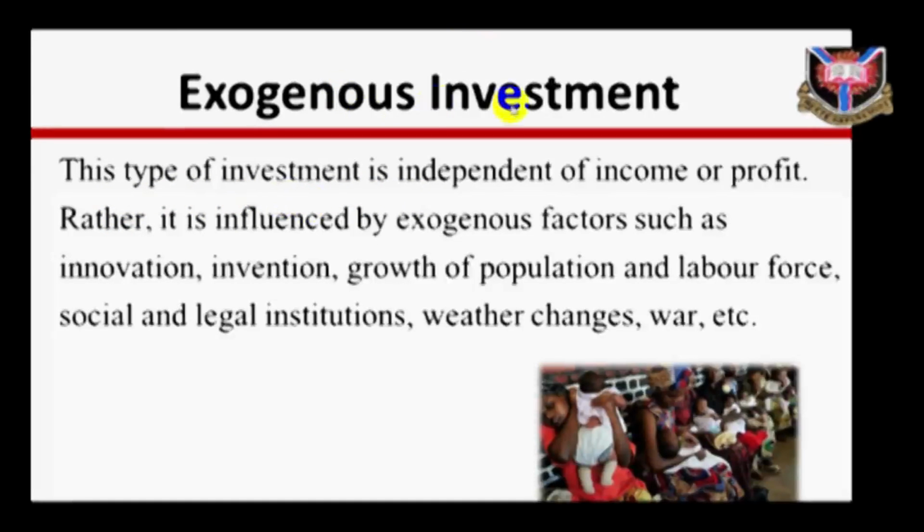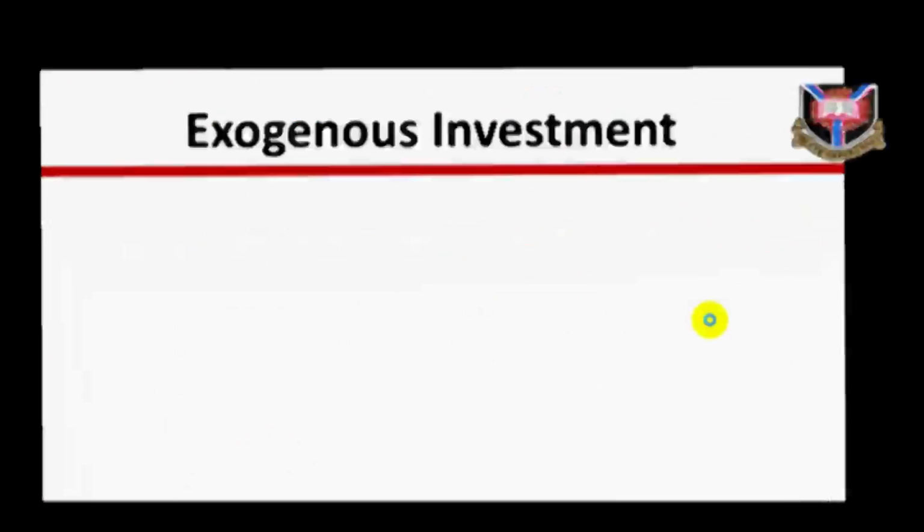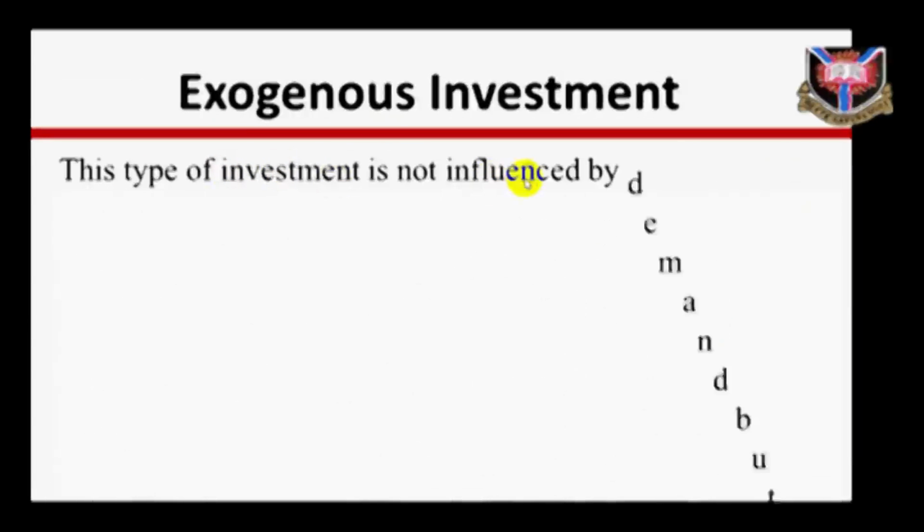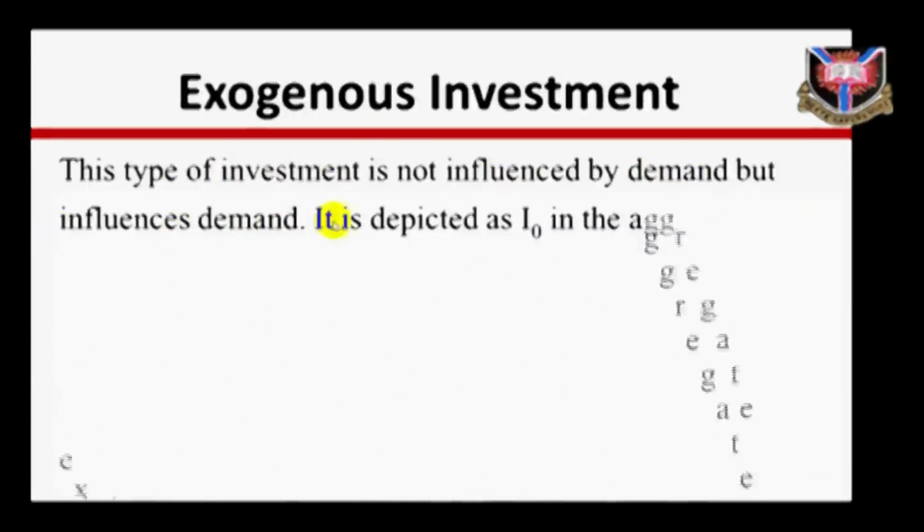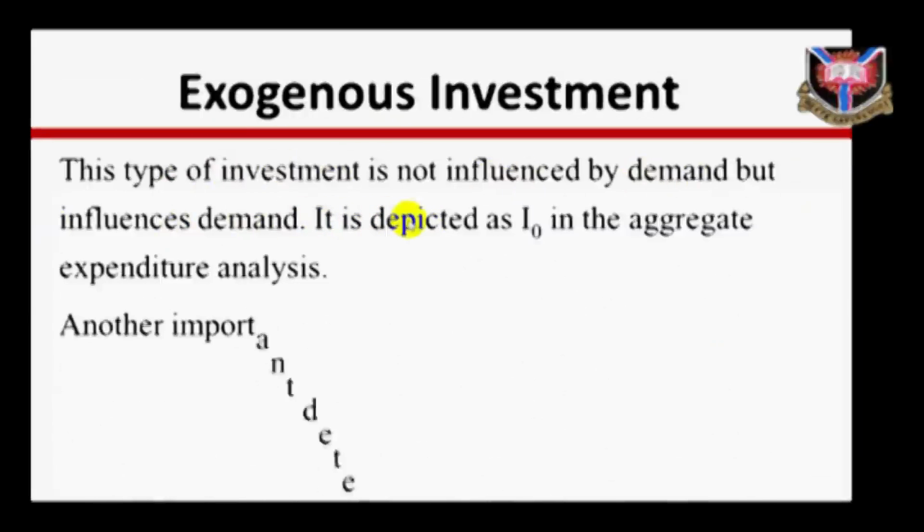B. Exogenous investment. This type of investment is independent of income or profit. Rather, it is influenced by exogenous factors such as innovations, inventions, growth of population and labor force, social and legal institutions, weather changes, war, revolution, etc. This type of investment is not influenced by demand, but influences demand.